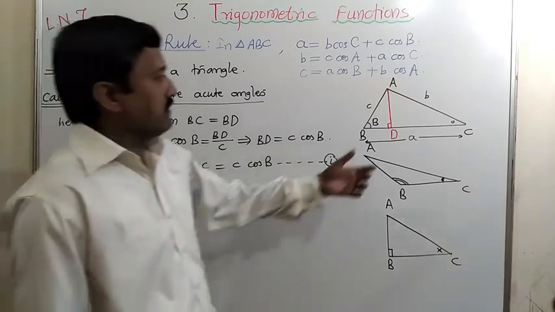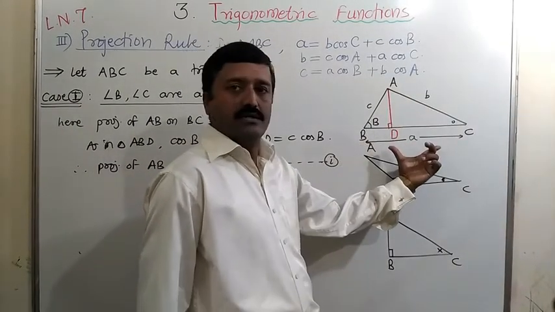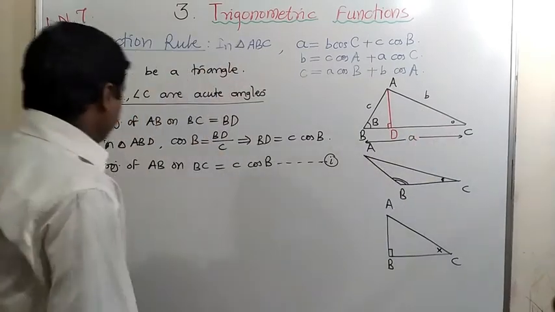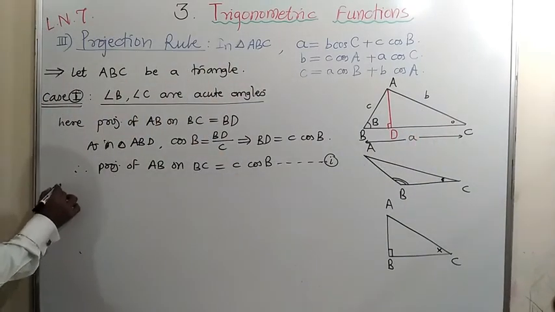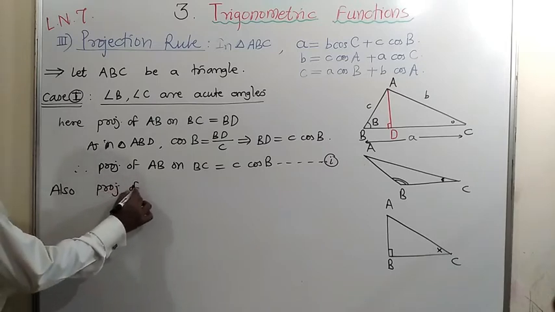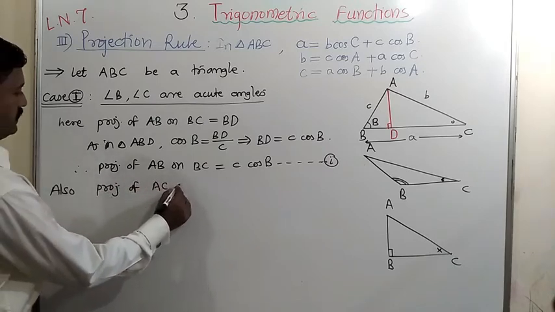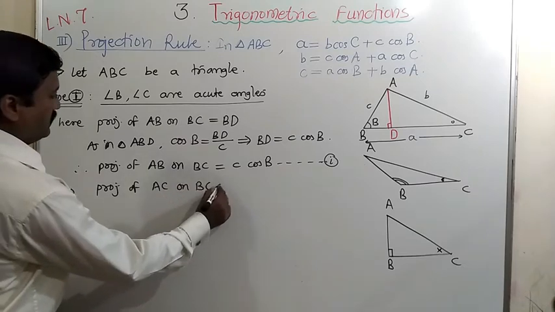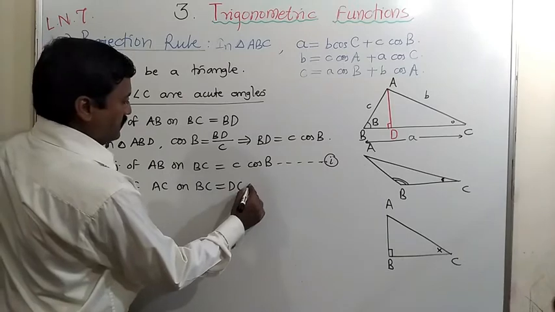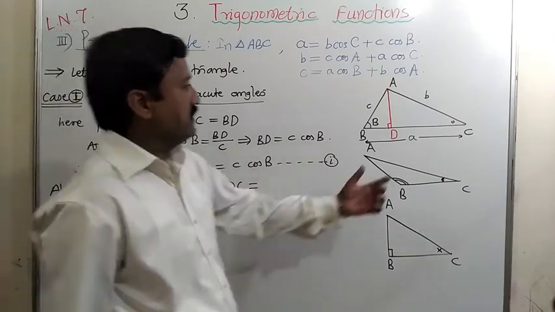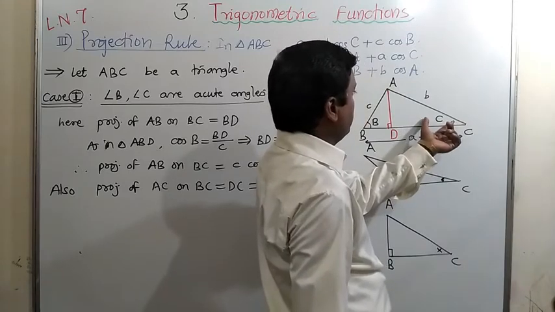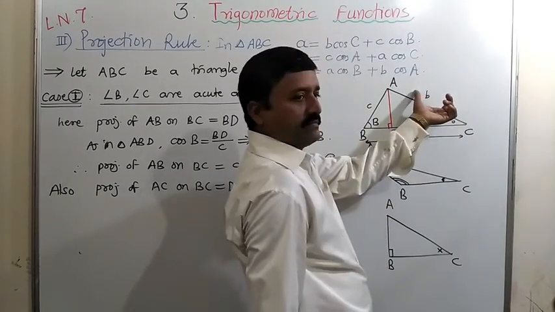Similarly, we can find the projection of AC on side BC. So the projection of AC on side BC will be DC. Also, the projection of AC on side BC is equal to DC, and similarly, if you consider angle C, then cos C is equal to DC upon b.